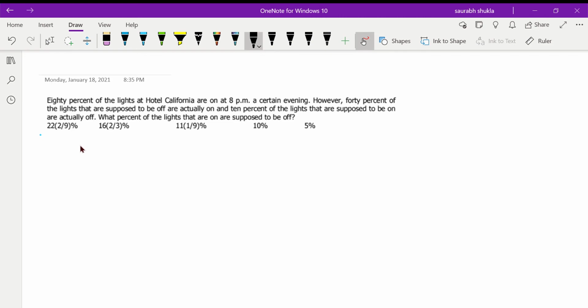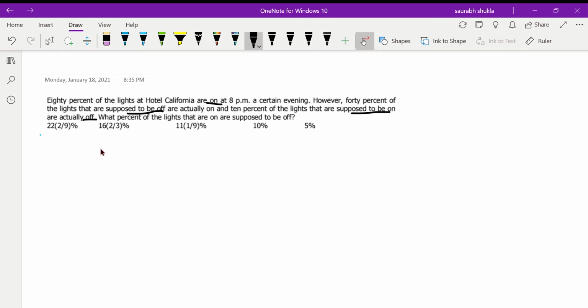Now pay attention, guys. What are the categories that you are given? Some lights are on, some lights were supposed to be off, some lights were supposed to be on, and some lights are actually off.